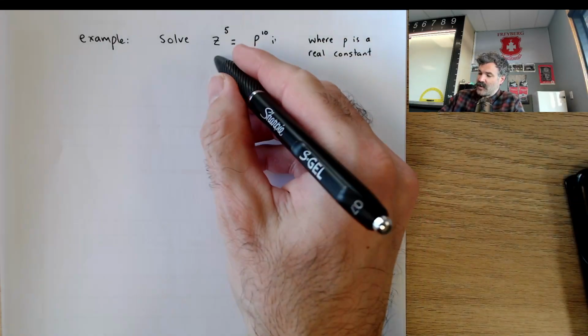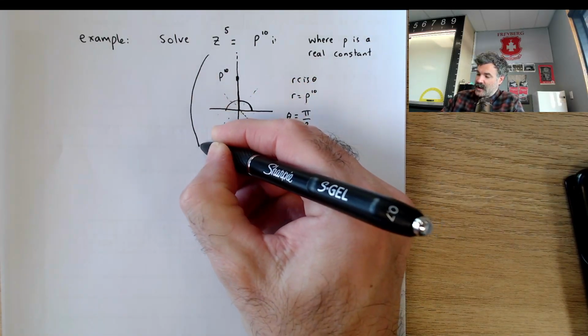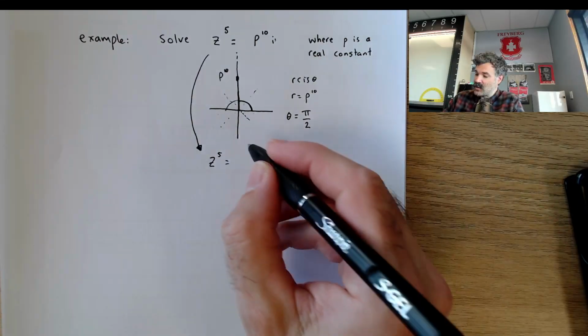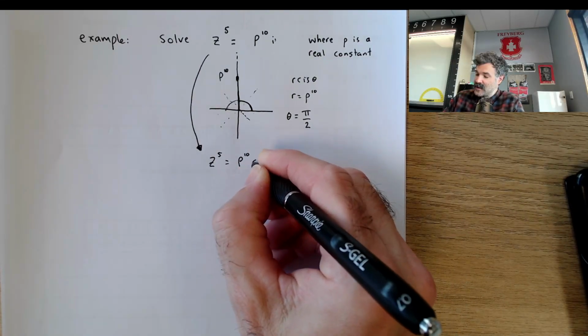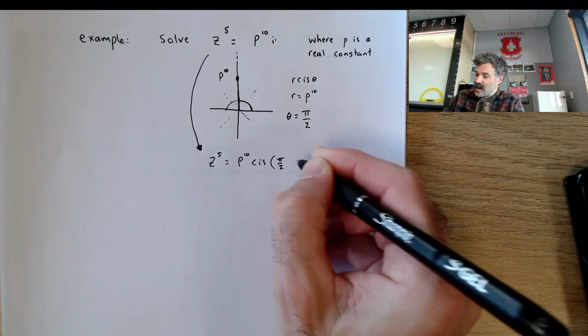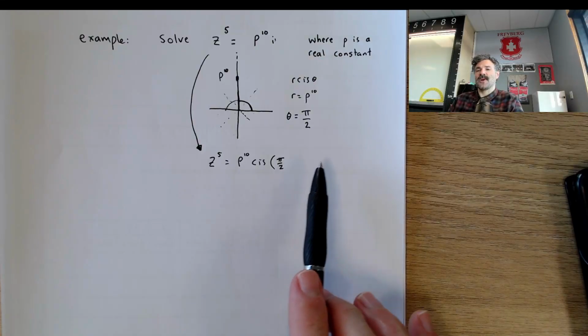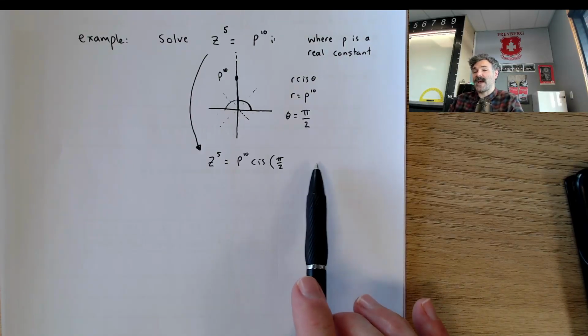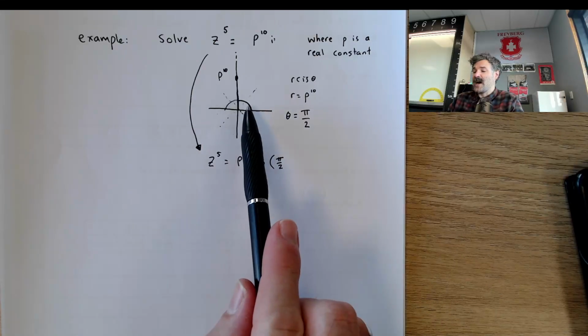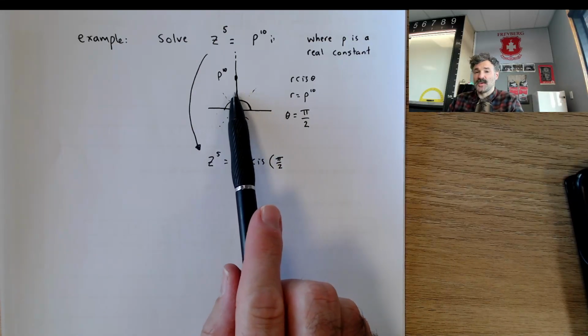So I'm going to rewrite this question, writing it as r cis theta. Z to the 5 is equal to r, which in my case is p to the power of 10, cis angle, which is pi over 2. But like I said, we can write this more generally with a whole circle added on. We did 360 for my last example. Because I'm in radians here, a full way round is 2 pi.